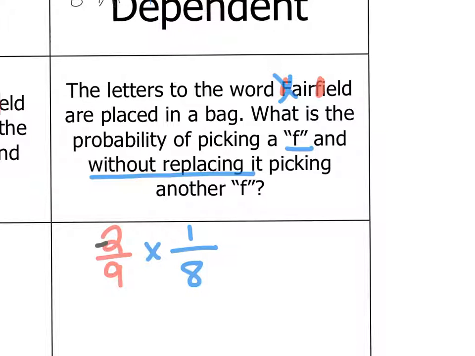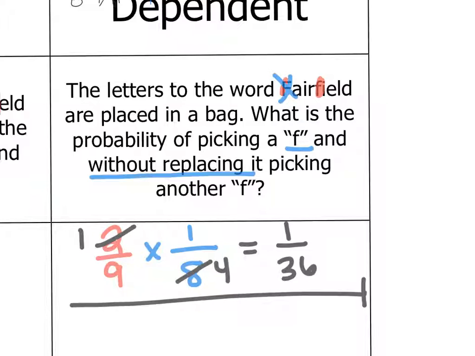Now I'm going to go ahead and simplify before I multiply. 2 goes into 2 once, and 2 goes into 8 4 times, and I'll multiply straight across. 1 times 1 is 1, 9 times 4 is 36. So 1 out of 36 is going to be down here close to 0.